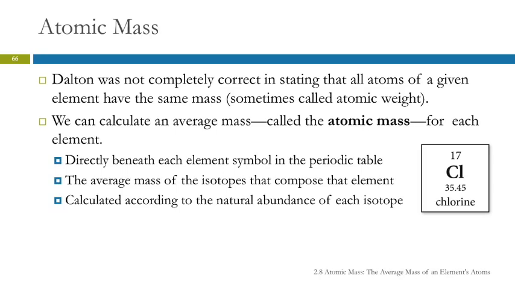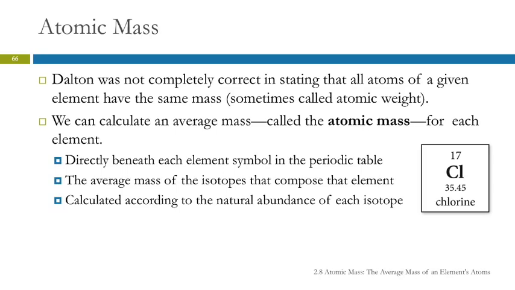So 10 plus 10 plus 7 is 27. And to find the average age, you divide by 3 and you get 9. So the average age of those 3 children is 9, but none of the children are actually 9, right? Same thing with the masses of these atoms. We're concerned with the average mass, okay?